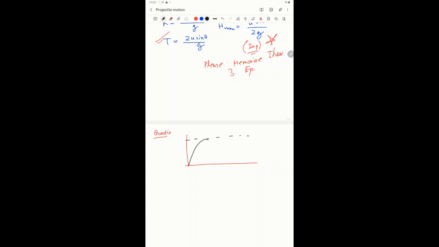The A particle we are projecting like this, the B particle like this, and the C particle like this. This is A, this is B, and this is C, with the y axis and x axis.